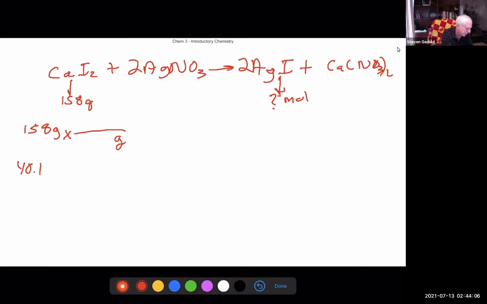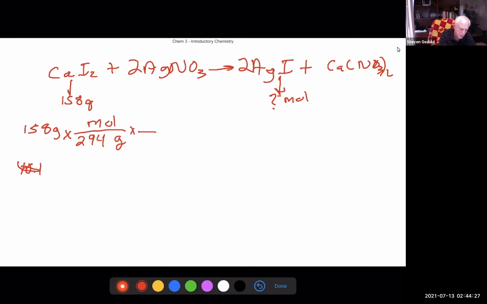Like I said, you might have to go back and read these, I'm just rounding these off. So 127 times 2 equals 254 plus 40 gives you 294. So 294 roughly grams per mole.